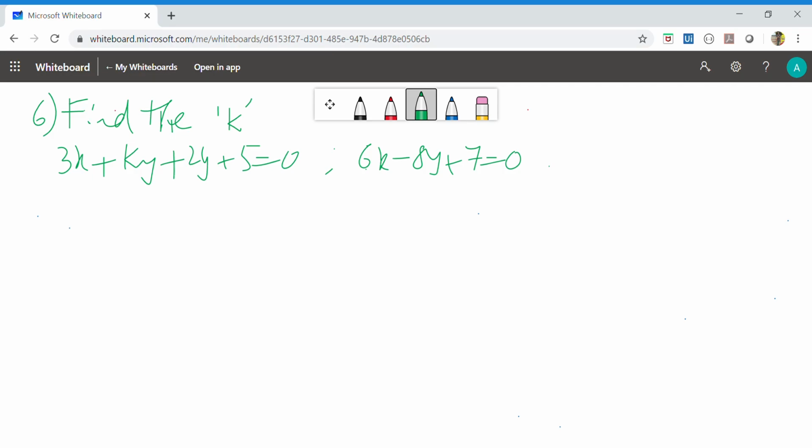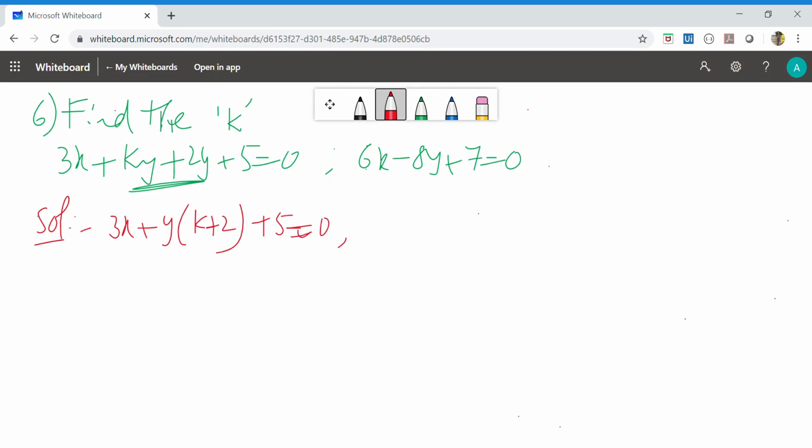So here you have to simplify the y values. Then what you will get in the solution? 3x plus y of k plus 2 plus 5 is equal to 0. This is one equation. 6x minus 8y plus 7 is equal to 0.